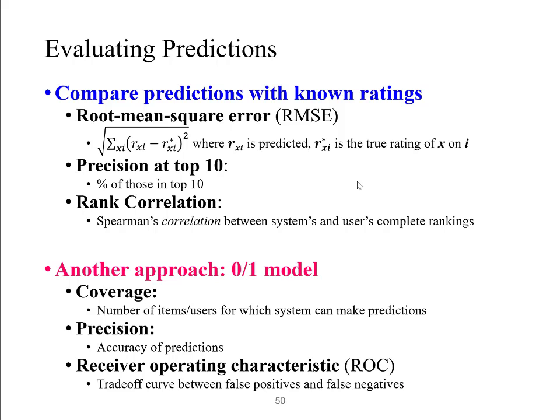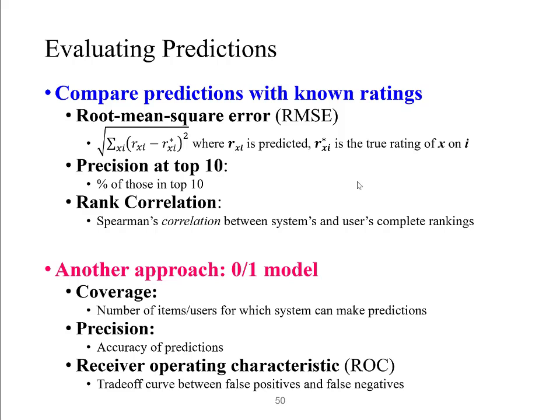The first type, which is also what we have been discussing in this course, is where the recommender system returns the rating of a specific item by a specific user. Under this scenario, the most commonly used evaluation measure is the RMSE, the root mean square error.